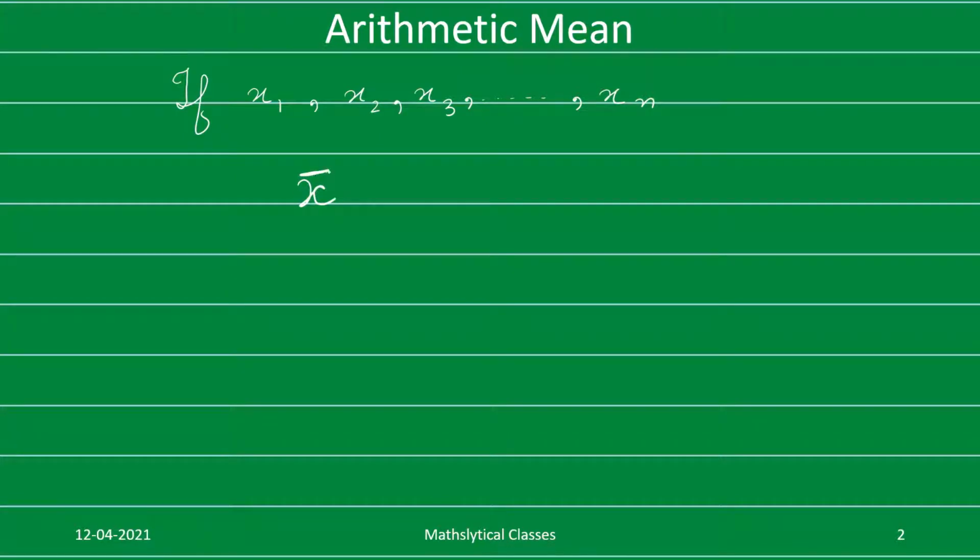Arithmetic mean is given by x bar, and it is equal to the sum of all the values upon the total number of values.